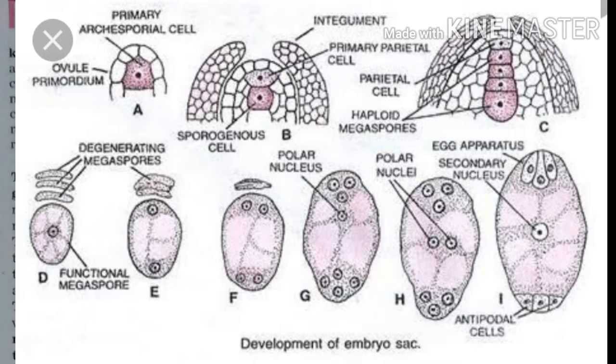Development of female gametophyte or embryo sac. The functional megaspore is the mother cell of female gametophyte. It grows in size and forms an embryo sac.